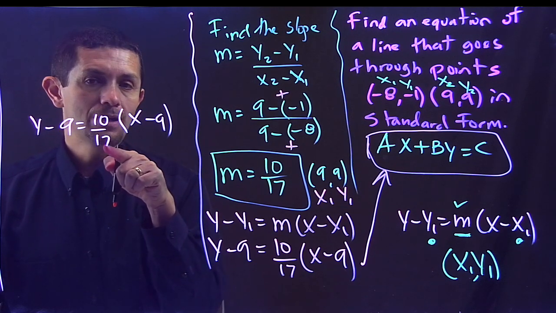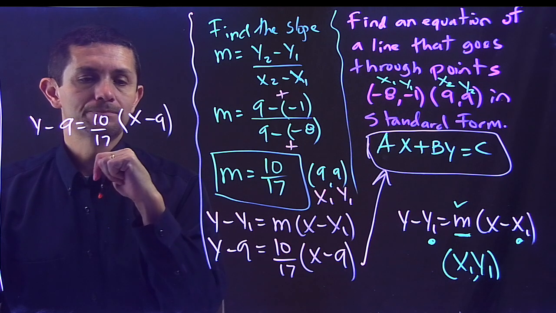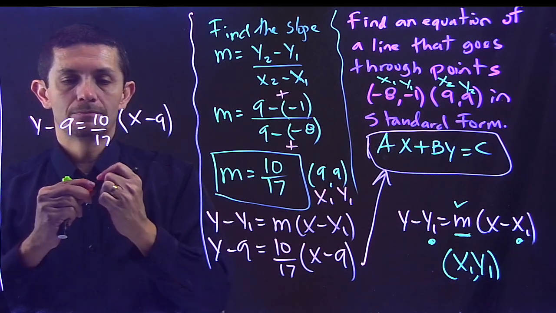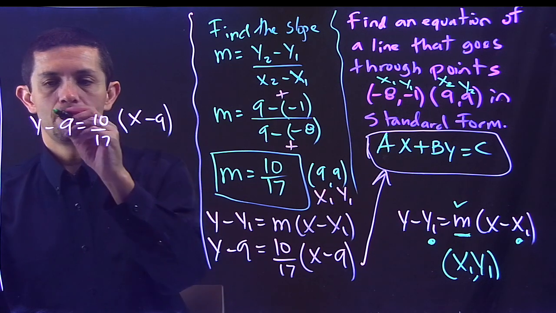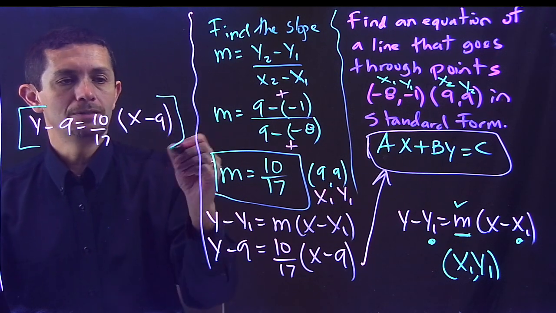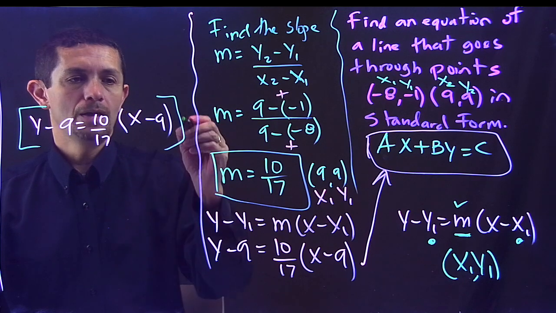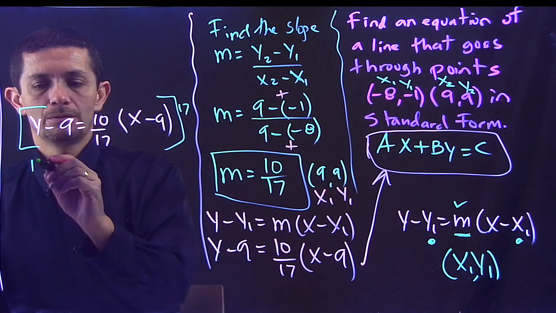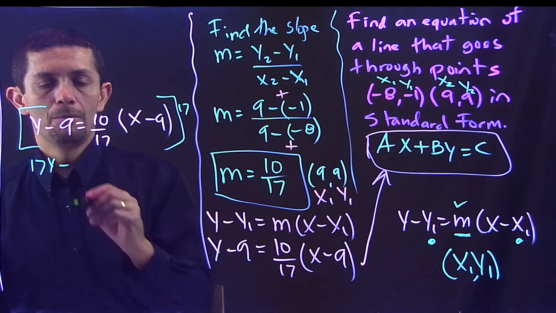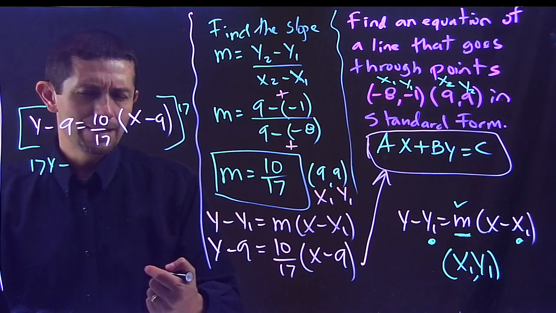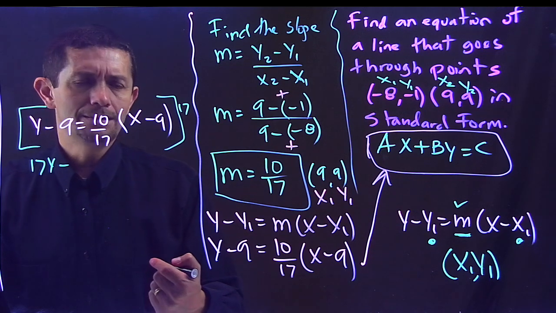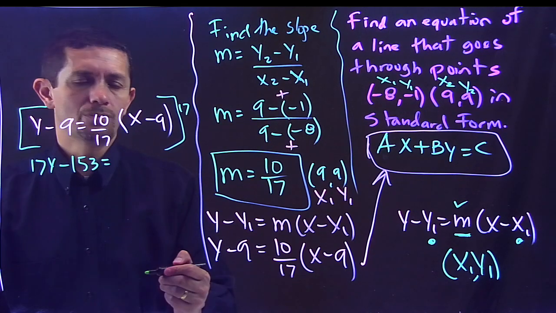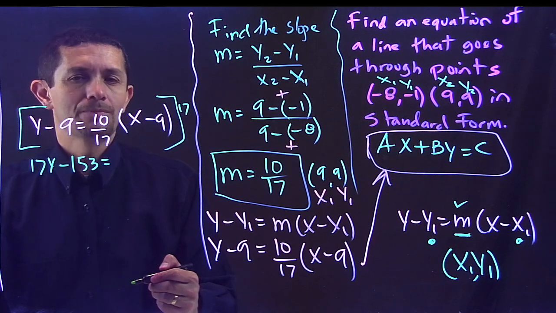To get rid of that fraction, that denominator 17, I can multiply the whole thing by 17. Everything by 17. So 17 times y is going to be 17y minus 17 times 9, that's negative 153, and I hope I'm doing the math correctly.